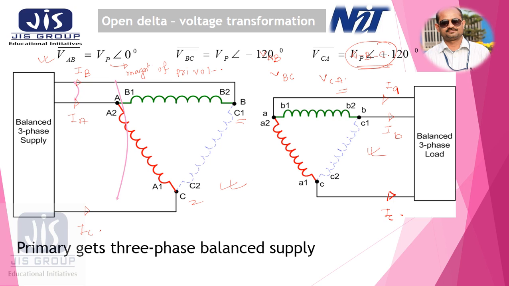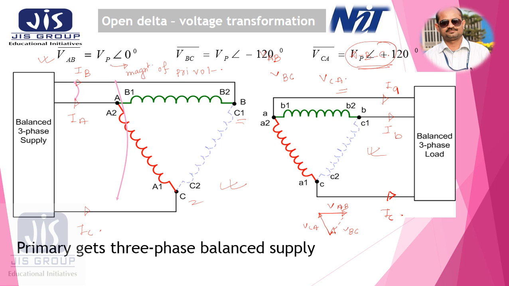Now the primary voltage phasor diagram forms a balanced supply which is 120 degrees apart. If we draw it, it will be like this. One will be this, another one will be this, and one transformer is not there. So this is VBC, VAB, VCA.